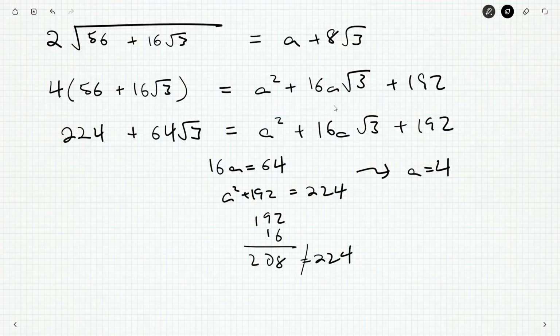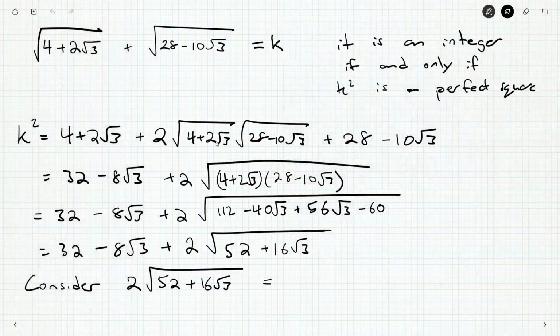So have I done something wrong? Probably, but what? Is this even the sort of expression that we want? Well, yeah, because if we don't cancel out the negative 8 root 3, we'll never get an integer. And this negative 8 root 3 is correct, right? 2 root 3 minus 10 root 3, yeah, it's negative 8 root 3. So we need 2 times this to be something plus 8 root 3.